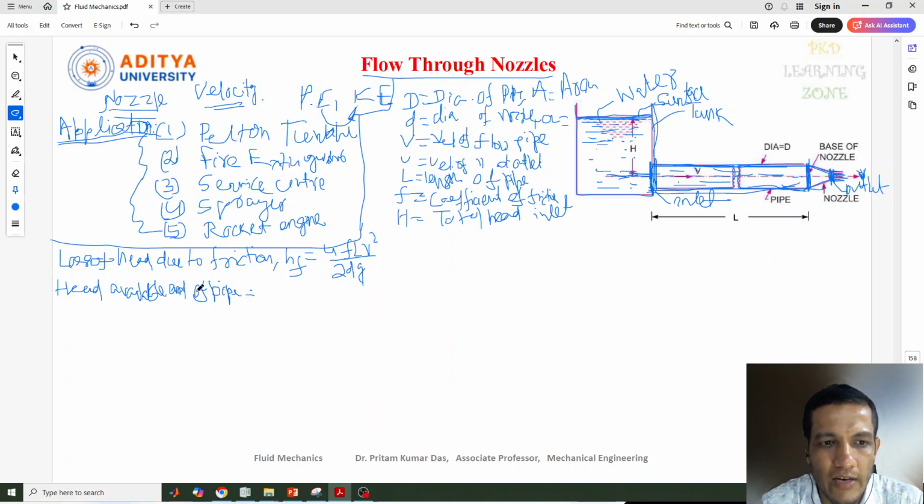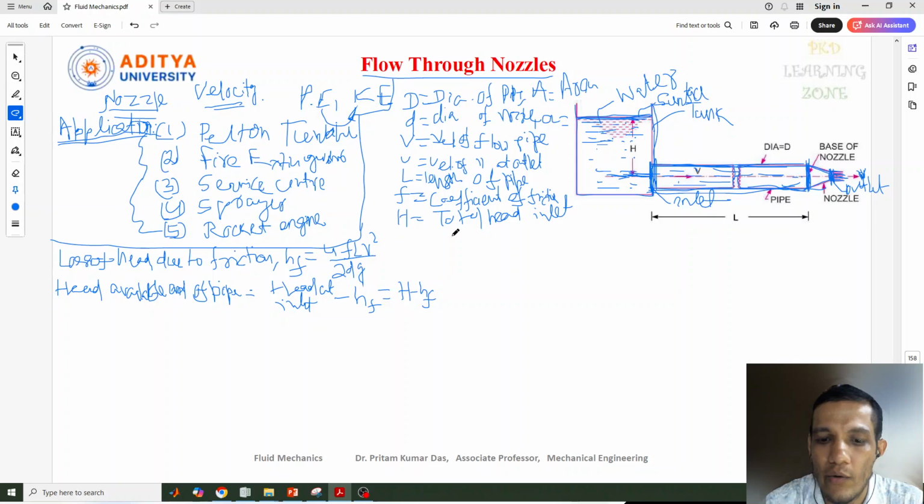So the head available at the end of the pipe equals the head at the inlet, minus the head loss due to friction. The head loss due to friction is HF, and the head at the inlet is capital H. So we can write capital H minus HF.